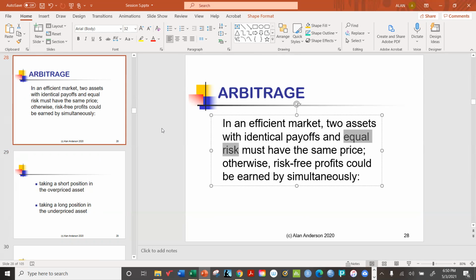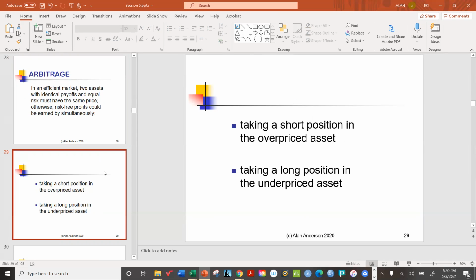And if so, and we find a discrepancy in their prices, we can easily earn a risk-free or arbitrage profit by taking a short position in the overpriced asset, meaning selling it, and taking a long position in the underpriced asset, which means that we're buying it. We put the difference in our pockets and we have no future exposure whatsoever, which means that it's a risk-free position.